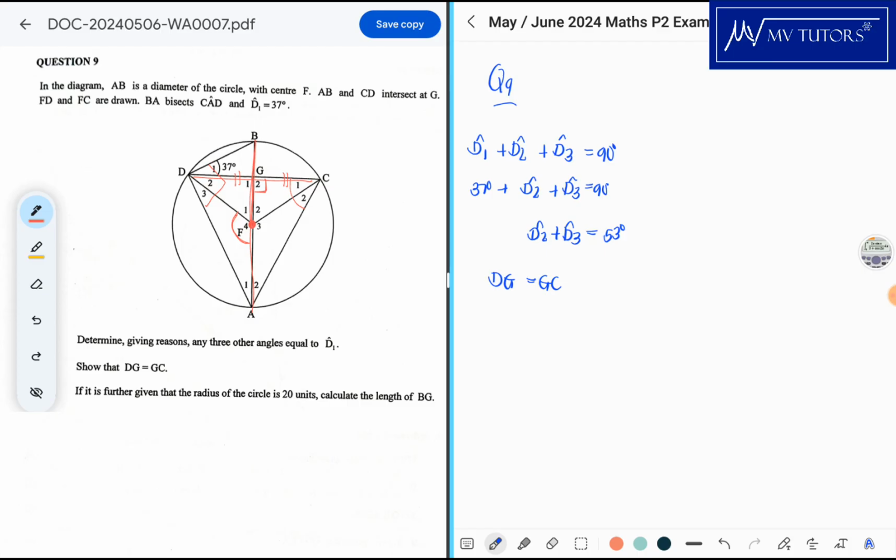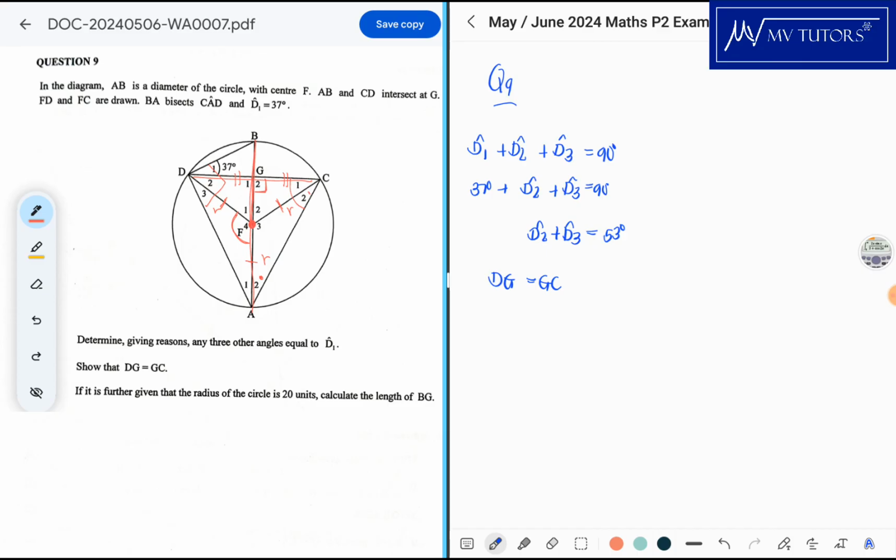And then AB and CD intersect at G. Yes. Do you see that? FD and FC are drawn. By the way, FD and FC are radii, as well as FA. All right. So basically, A2 is equal to C2 because equal chords, equal angles, right?